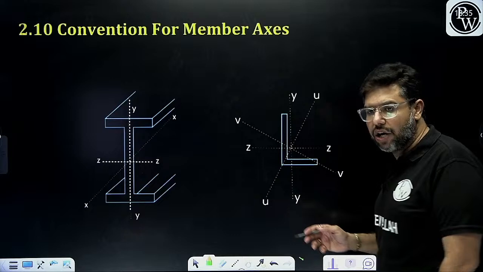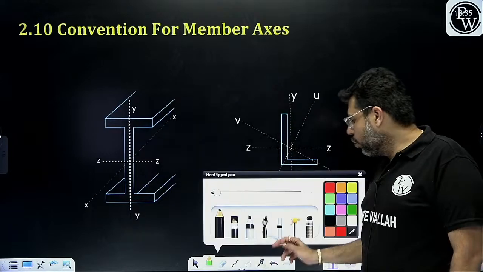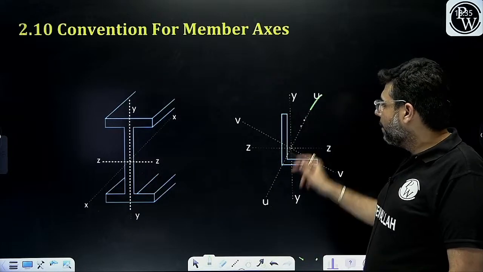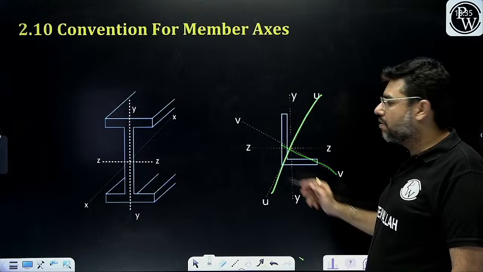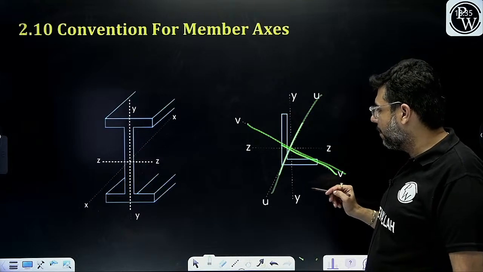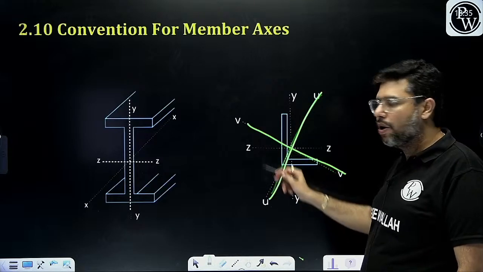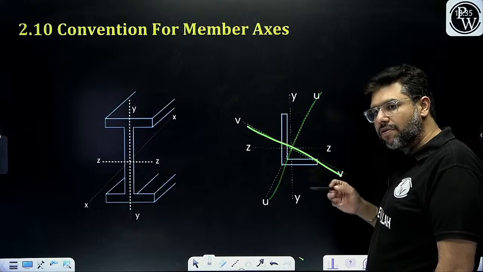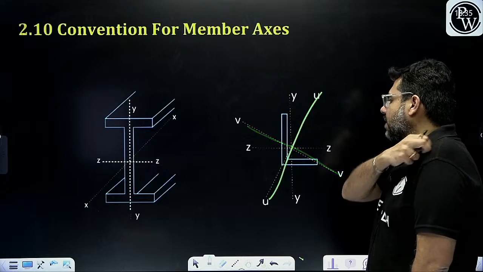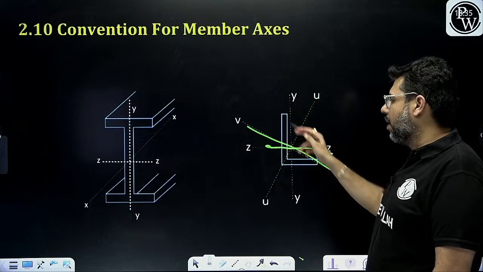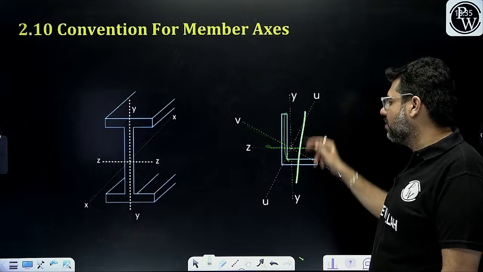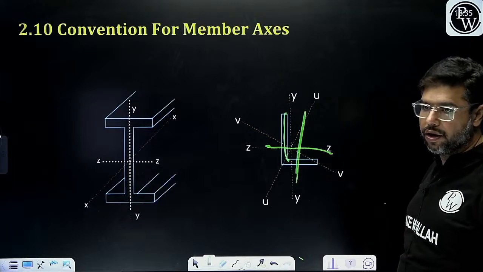For angle section, UU and VV are the major and minor principal axes. Major principal axis is UU and VV is the minor principal axis, and ZZ is the axis perpendicular to one leg and YY is the axis perpendicular to the other leg.